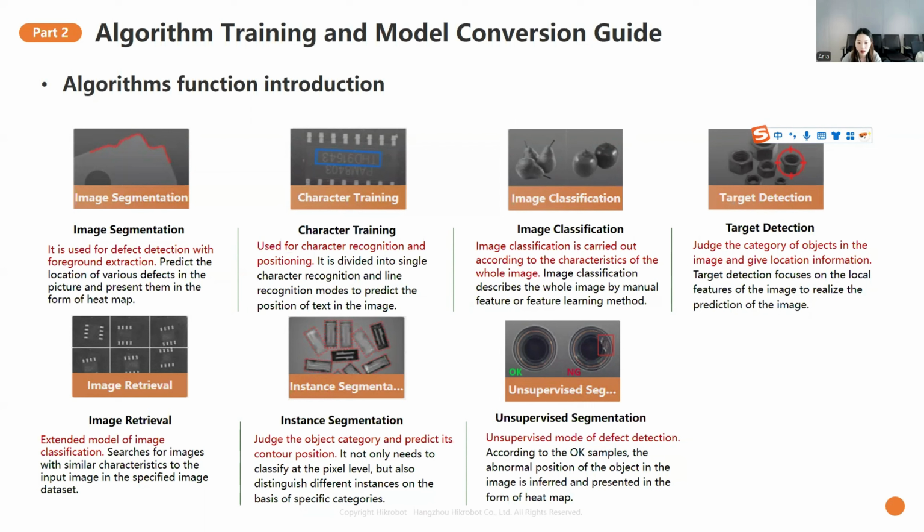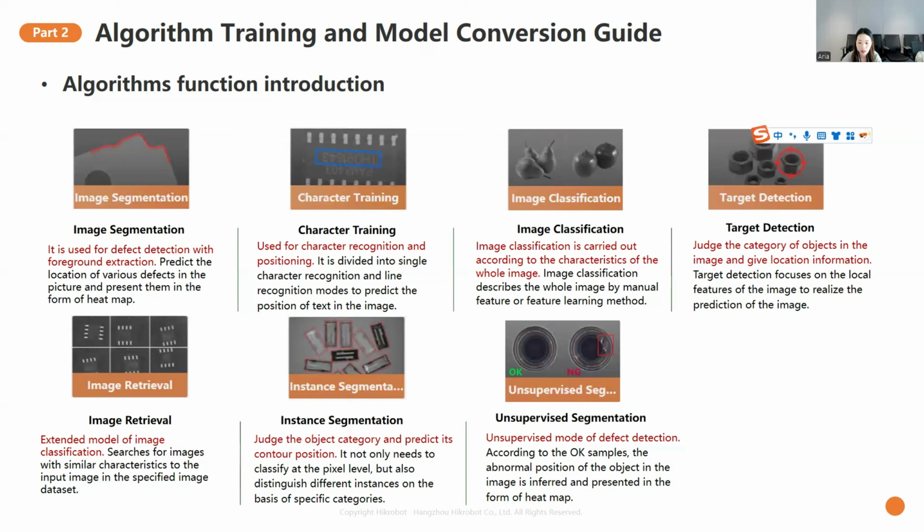The fourth algorithm is target detection. It is used to judge the category of objects in the image and give the location information. So maybe by now, you may be confused about the difference between deep learning image classification and target detection. Image classification distinguishes categories at the entire image level.